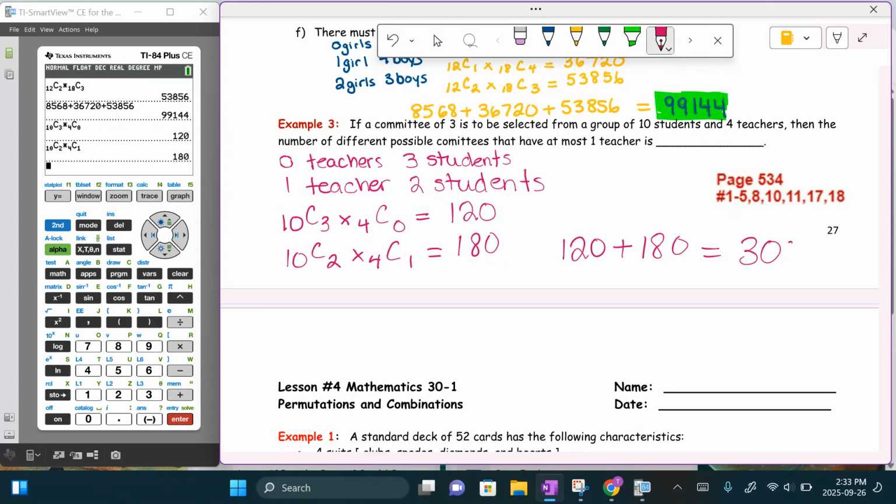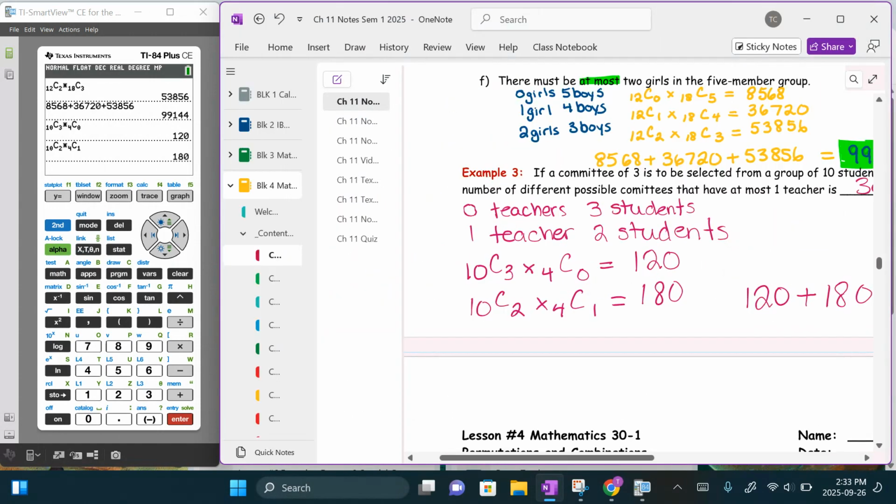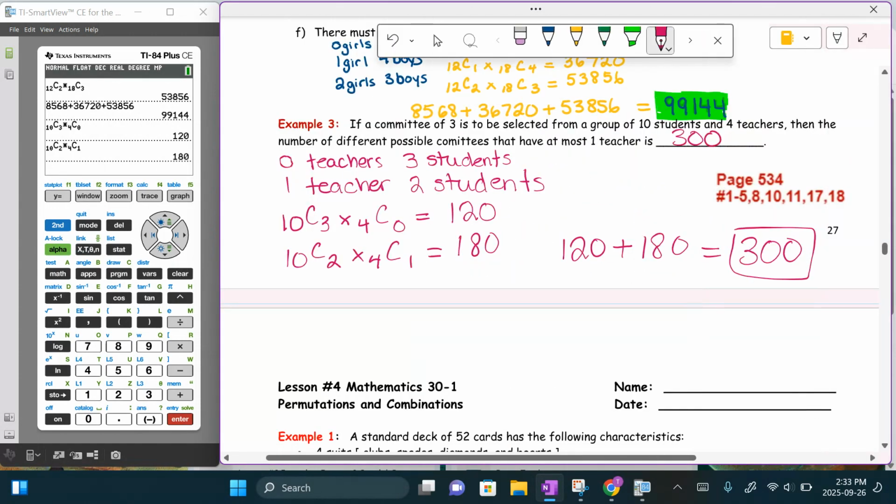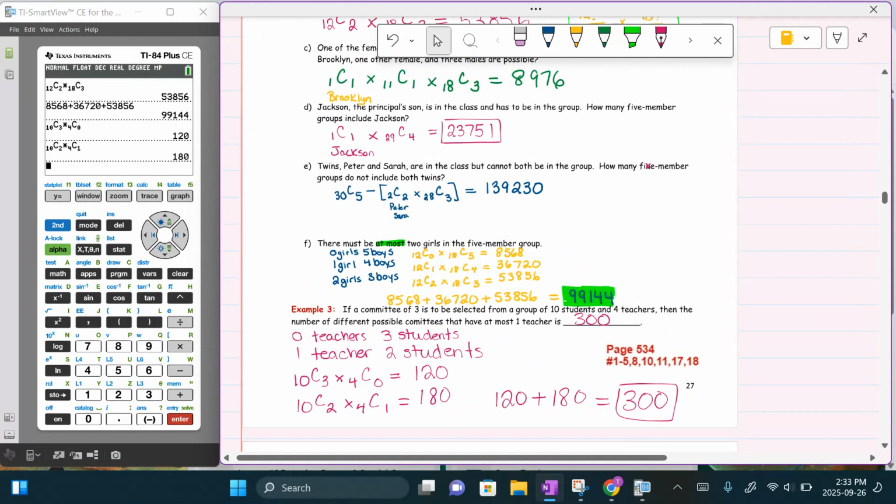Did you guys get 300? All right, so with combinations, guys, they're usually pretty easy to recognize. Some of them get a little bit confusing. Definitely look at your diploma questions.